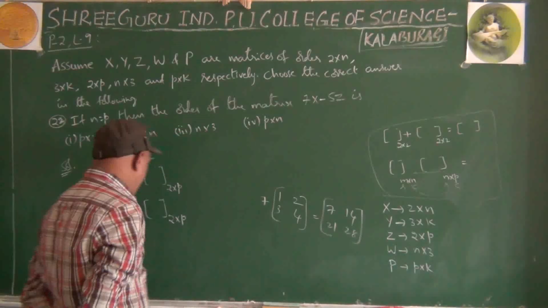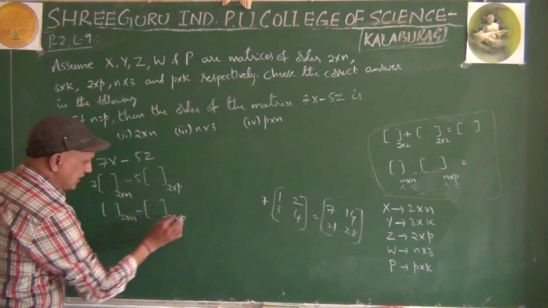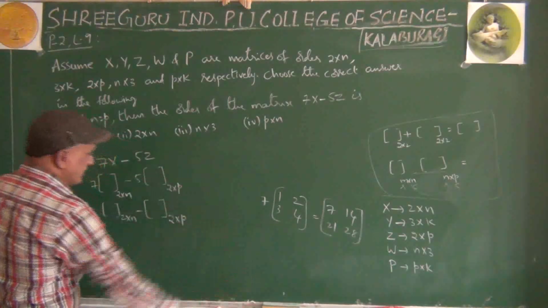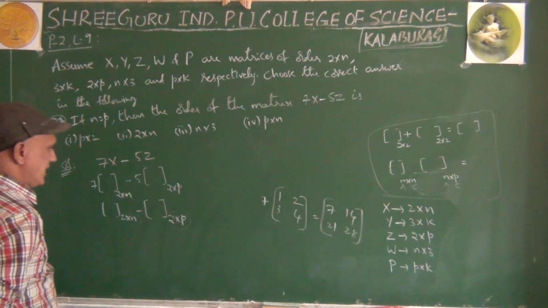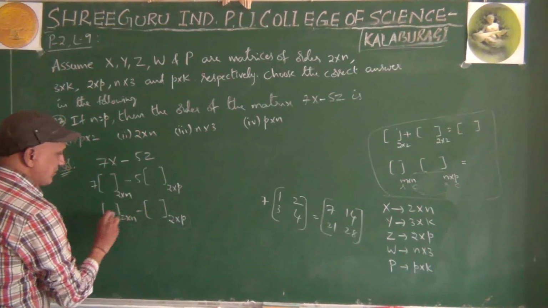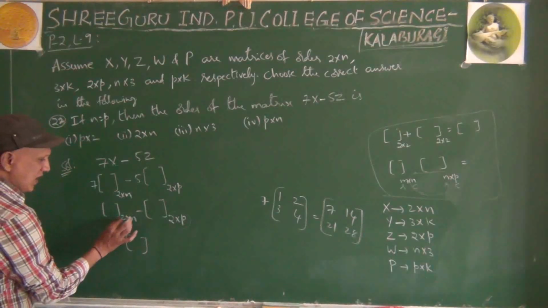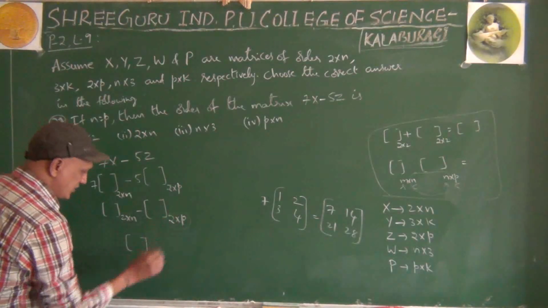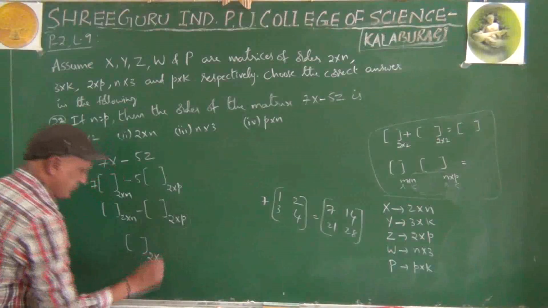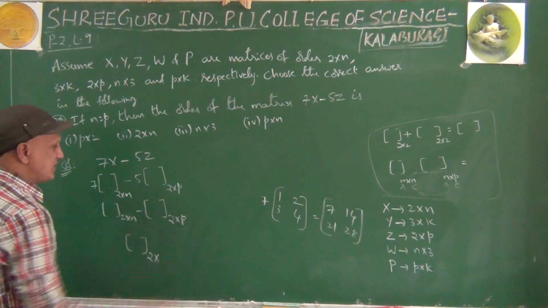So if you subtract these two, you will get number of rows 2, number of columns n and p.